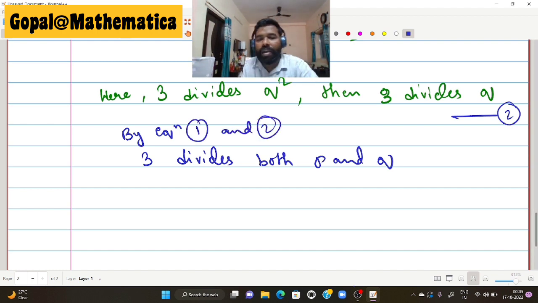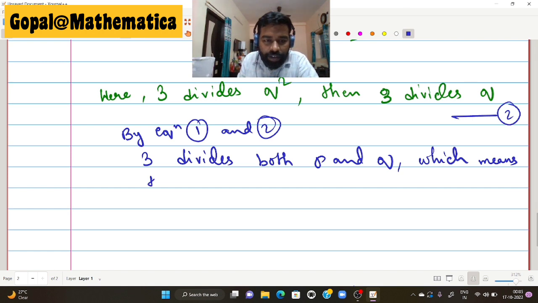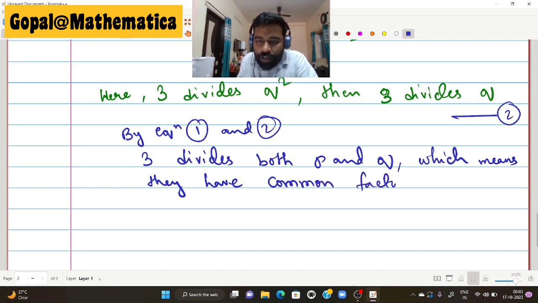So I can see that 3 divides both p and q, which means they have a common factor, 3, other than 1.